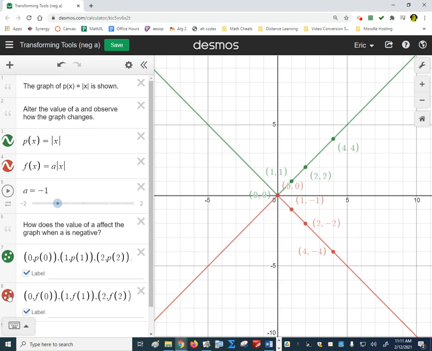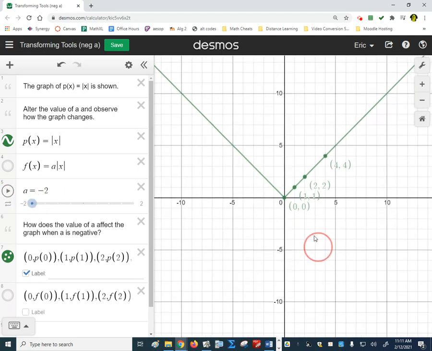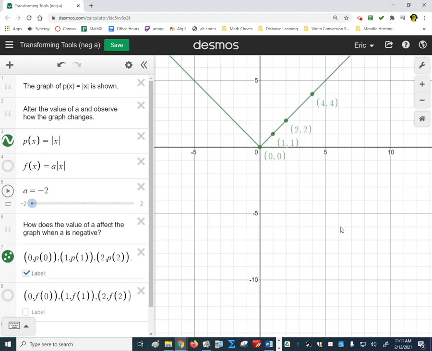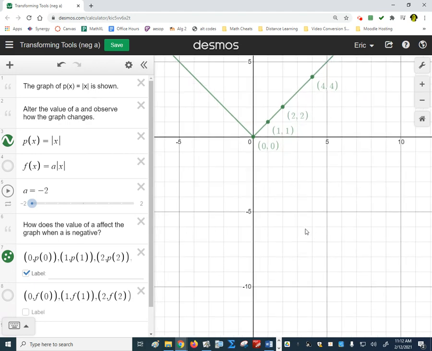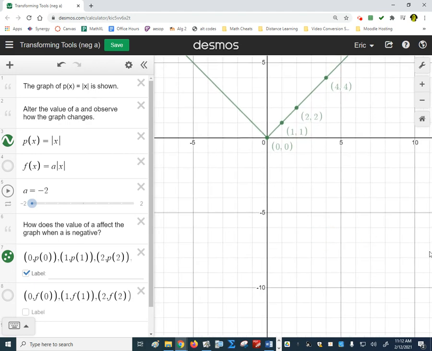What's going to happen if I make a -2? What's going to happen there? Okay, I'm seeing a reflect and compress. What else? Anybody else got an idea?